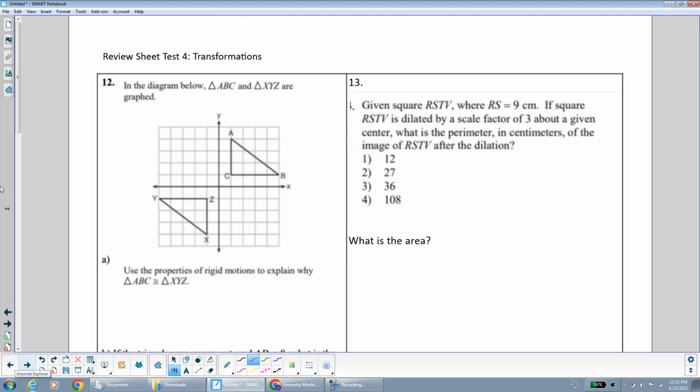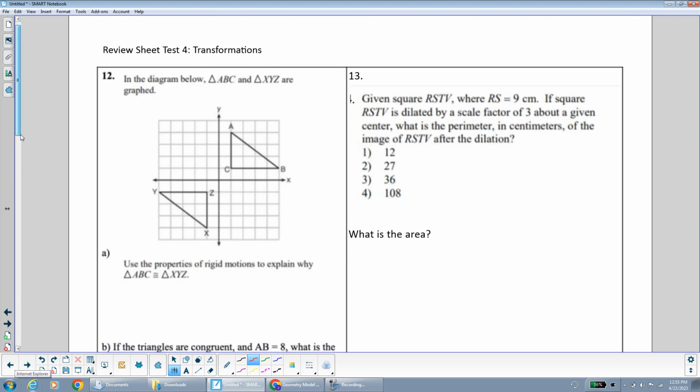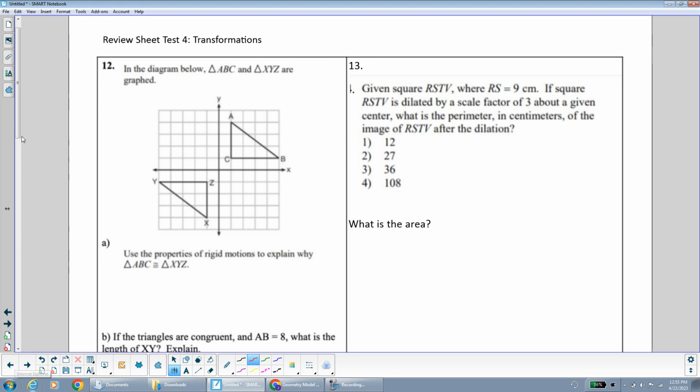Moving forward to number 12. Use the properties of rigid motions to explain why triangle ABC is congruent to triangle XYZ. So what happens here? A matches up to X. So is that a rotation or was that a reflection?